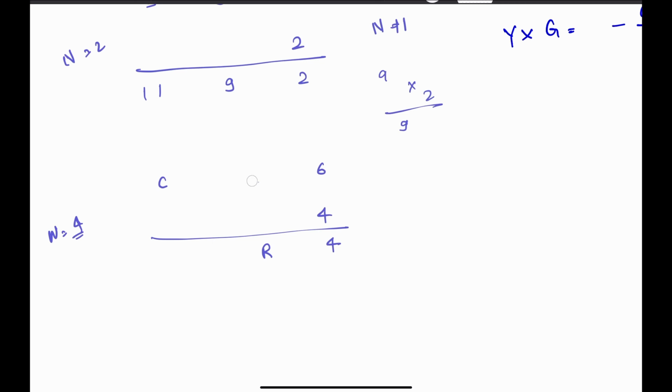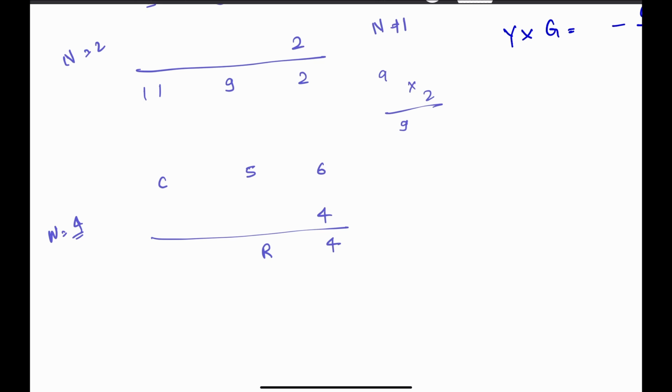So r could be 5. R could be 6. R could not be 6 because we have already taken 6. So yeah, r could be 5.